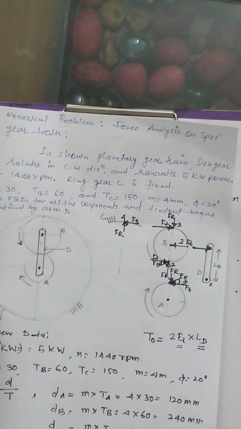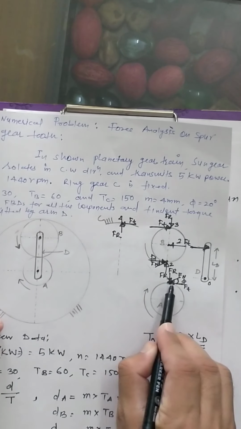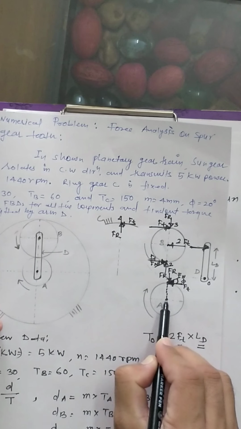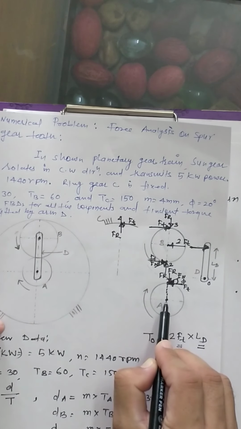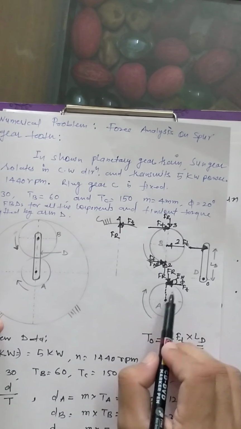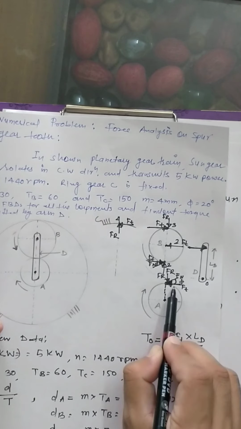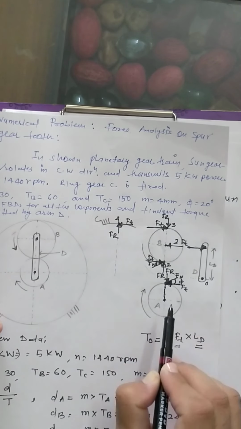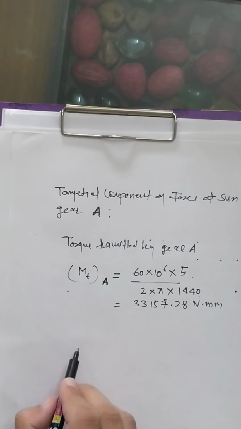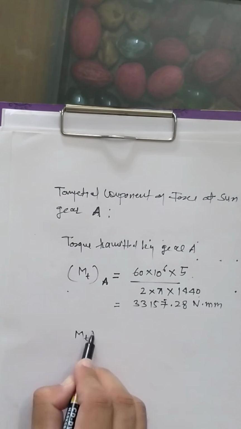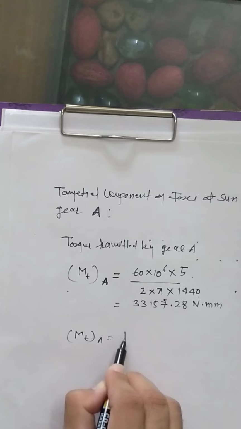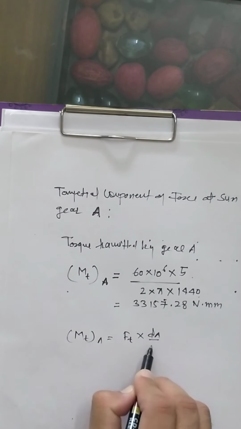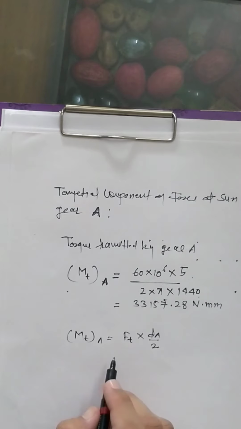Now just understand, this force Ft multiplied by the radius of gear A is equal to the torque at gear A. So you can say MT at A is equal to Ft multiplied by dA by 2, right?